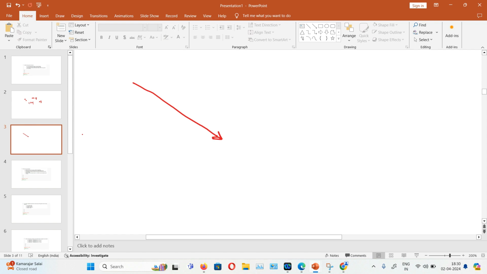After interacting with something, the photon is moving in this direction. So definitely there is a change in momentum. What is the meaning here? Change in momentum means some force is exerted on it.